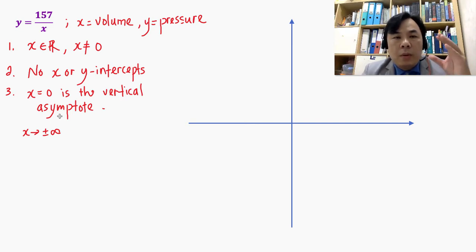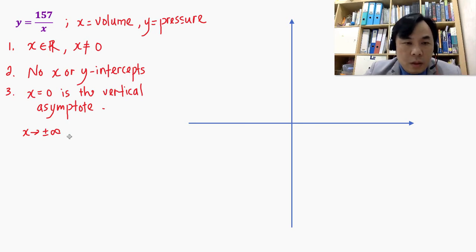So what will happen to the value of y? From here we notice that as x approaches positive or negative infinity, y would approach, you would guess it, 0.